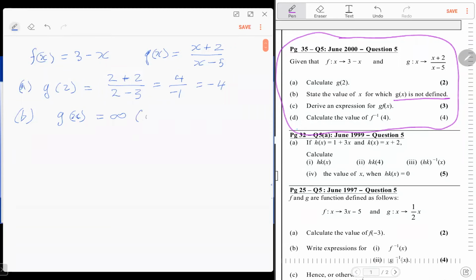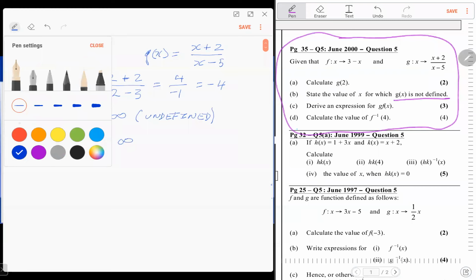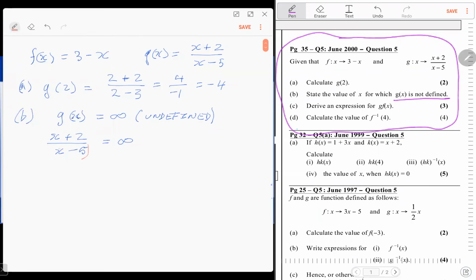This is a symbol for undefined. And g of x, remember, is x plus 2 divided by x minus 5, and that becomes undefined when the denominator becomes equal to 0.